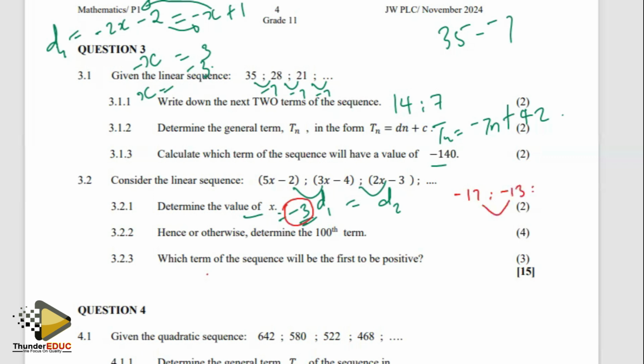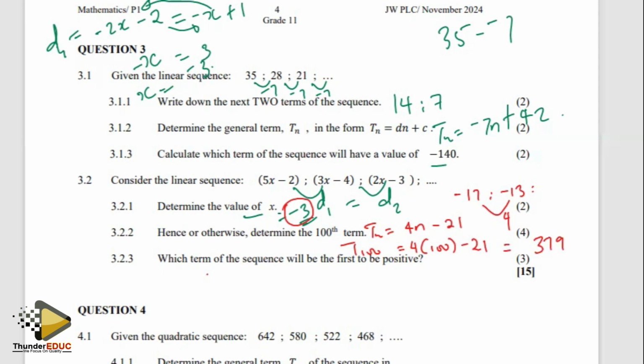The difference there would be positive 4, which means that our Tn, first of all, is going to be 4n, but negative 17 minus 4 is going to give me negative 21. Then for me to get the T100, it's going to be 4 times 100 minus 21. And this should give me something like 379. All right, so that is 3.2.2.